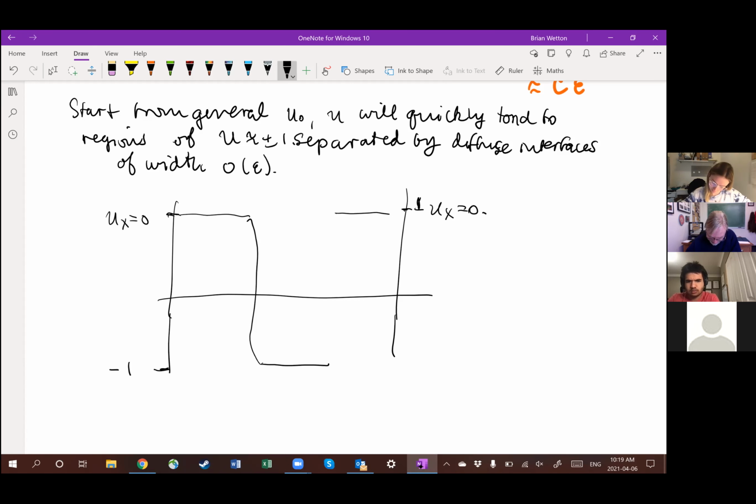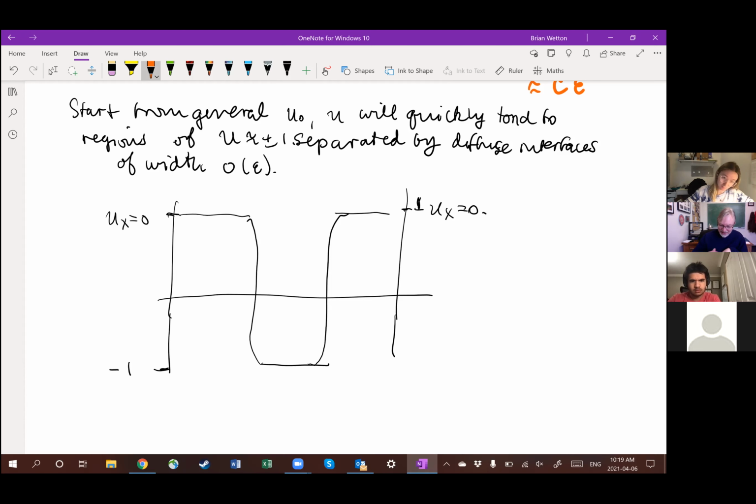Okay, and then you'll have these smooth interfaces that go between these things. And there's some fun math associated with these things. The 1D problem's a little bit artificial, but that doesn't mean you can't have some fun math with these things.